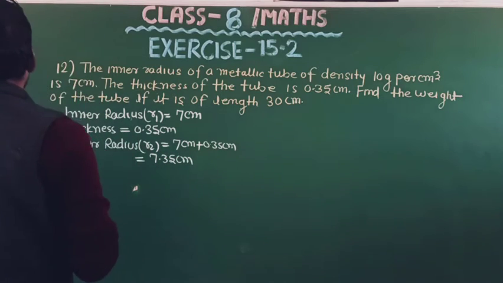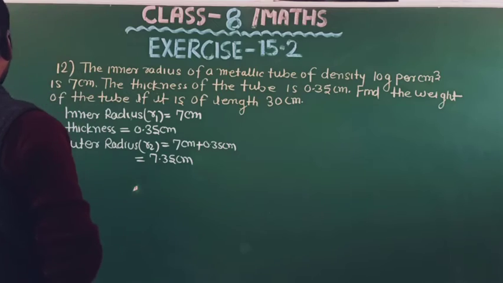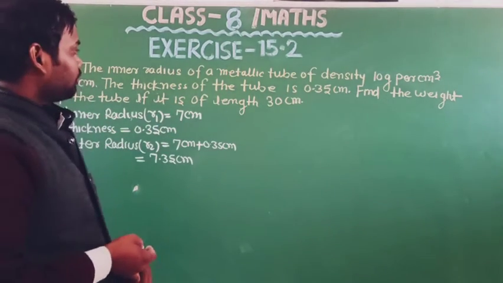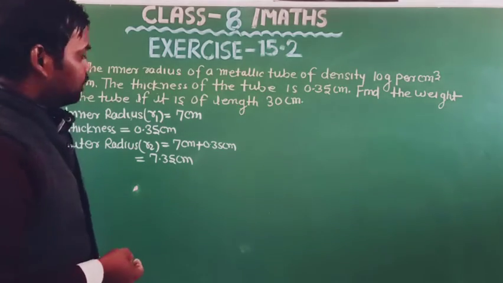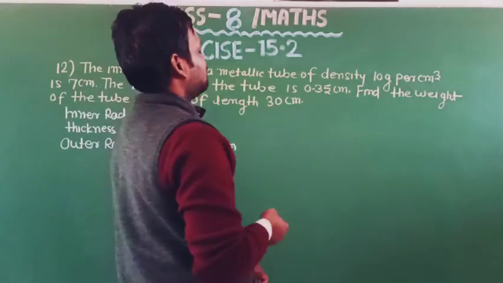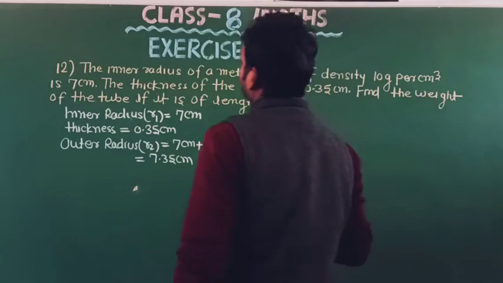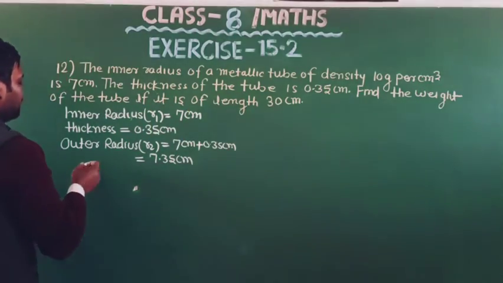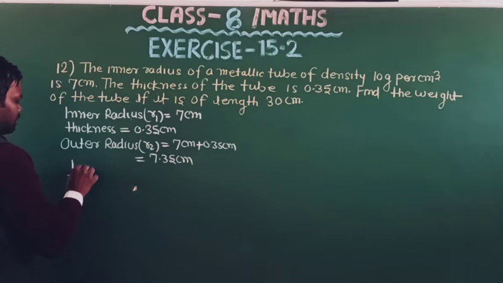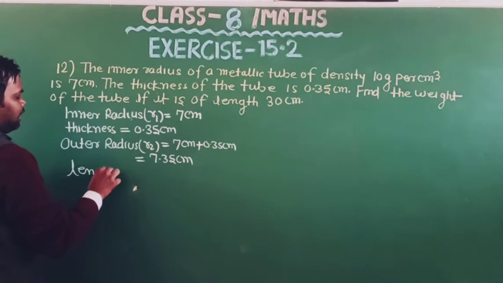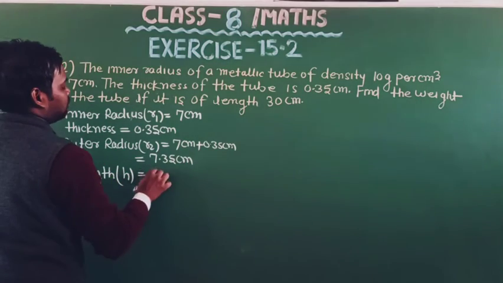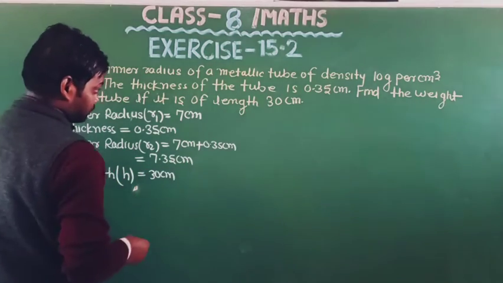This is the outer radius of the metallic tube. And finally we have to find the weight of the tube if its length is 30 centimeter. The length is given, small h equal to 30 centimeter.